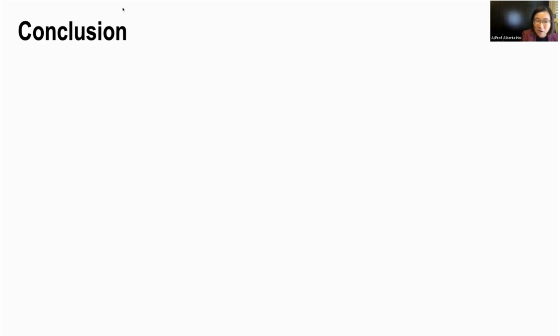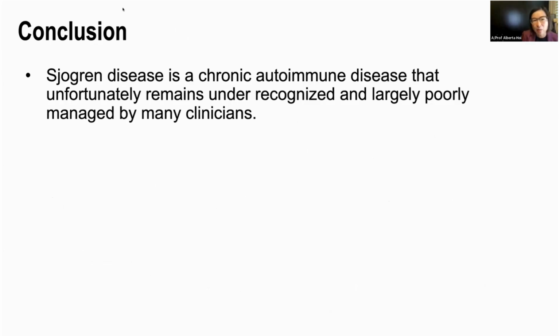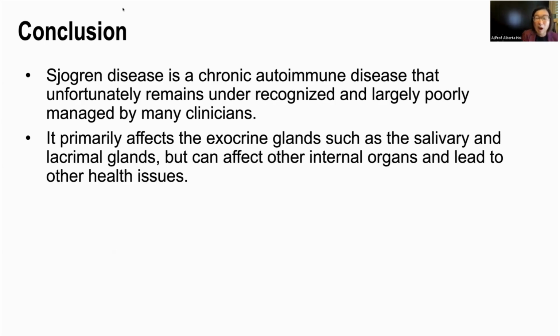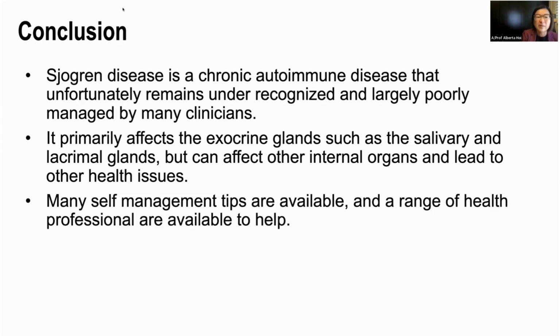So in conclusion, Sjogren's disease is a chronic autoimmune disease that unfortunately remains under-recognized and quite poorly managed because of the attribution to it being only related to the dryness. It primarily does affect the exocrine glands, so these are the moisture-producing glands, but it can affect other internal organs and lead to other health issues.